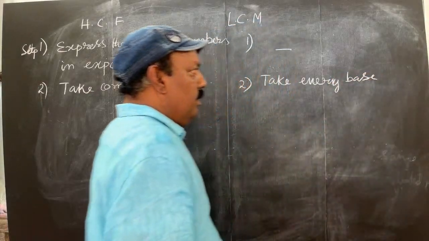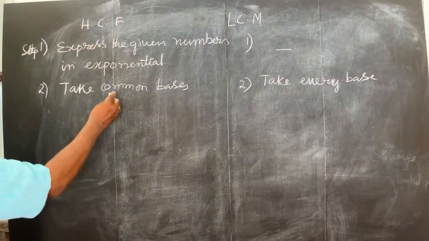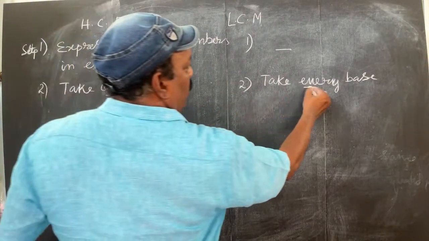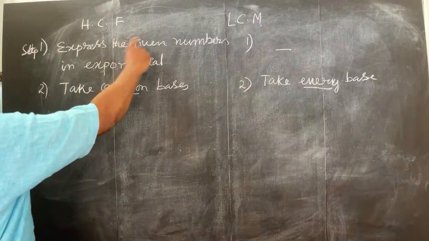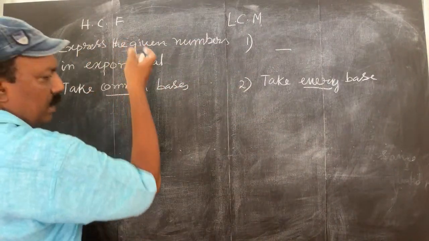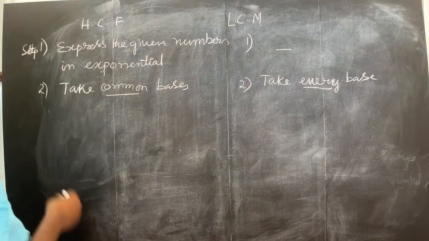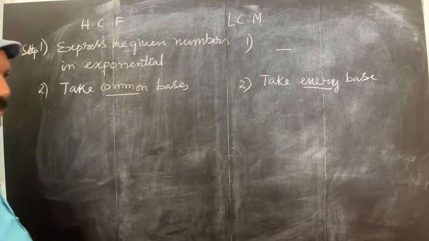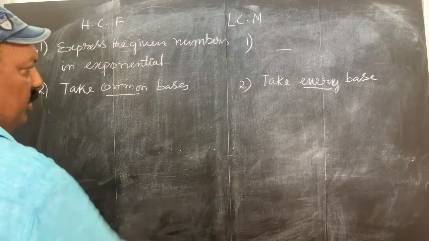Here, take only the common base. This is the important point you have to concentrate on. The first step is the same for both LCM and HCF, because you express the given numbers in exponential form. With an example I will show you. Very carefully note down these points.